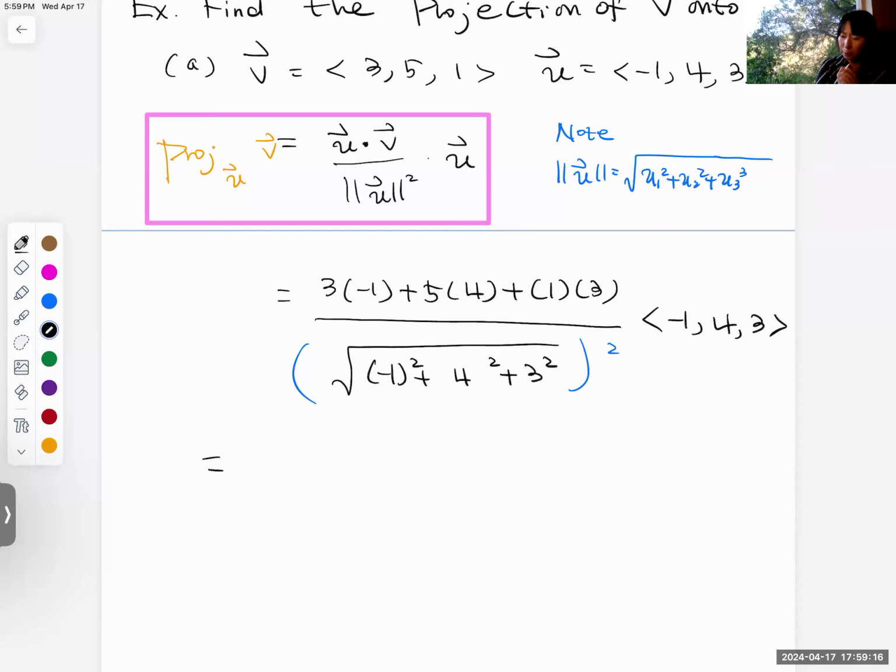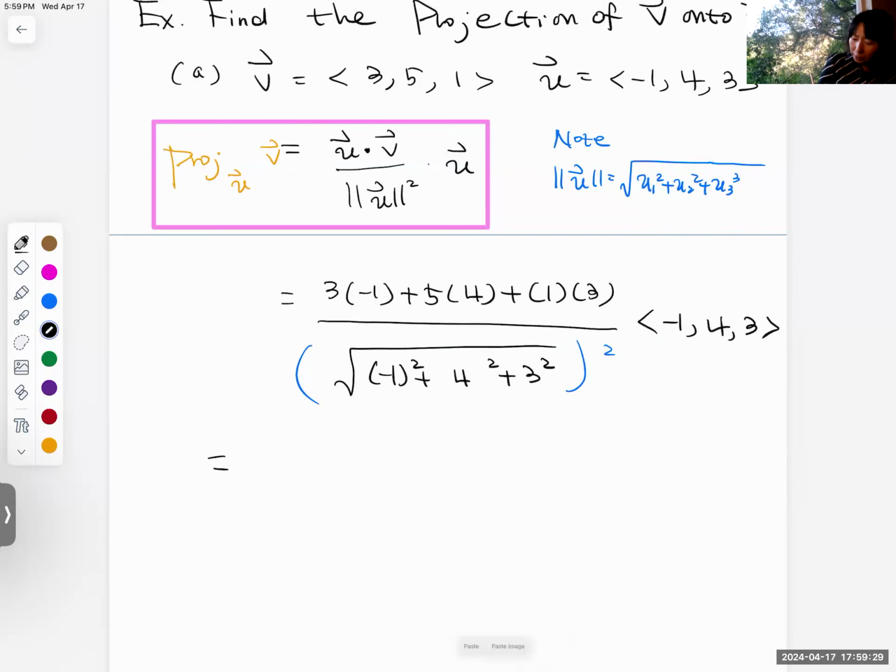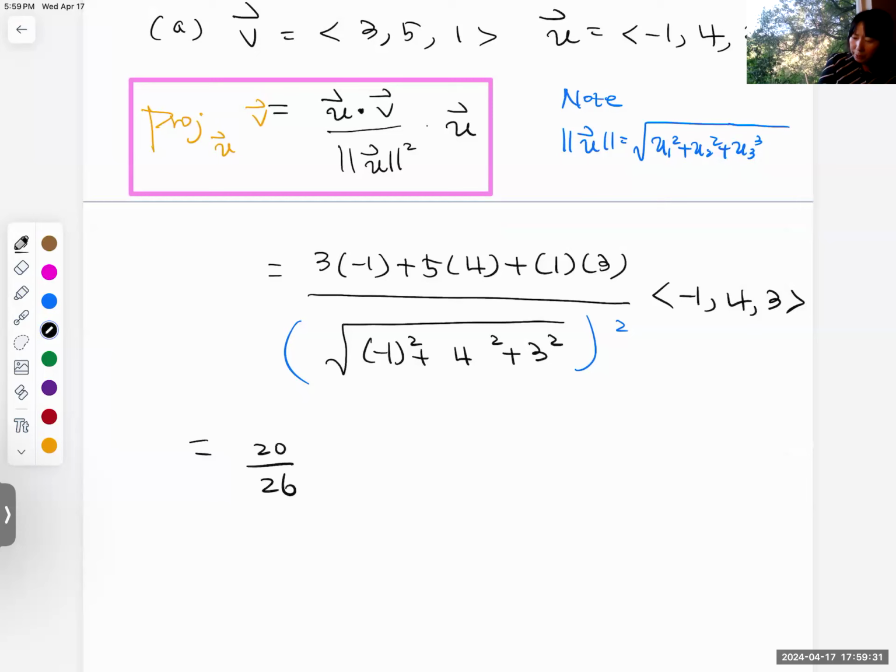Okay, she multiplied everything. So it looks like 20, so 20 over 26 times negative 1, 4, 3. That's good too.